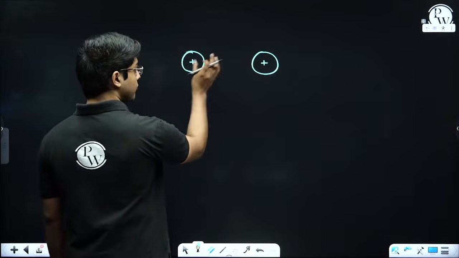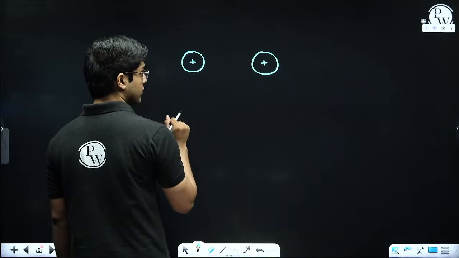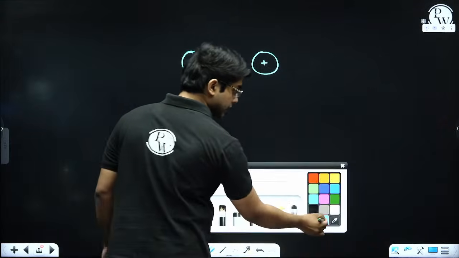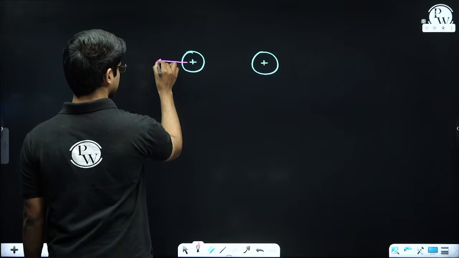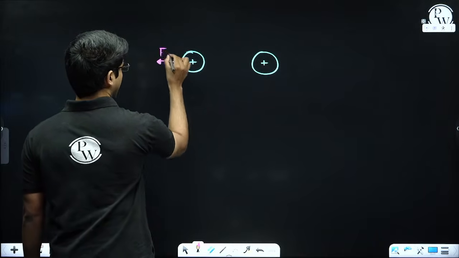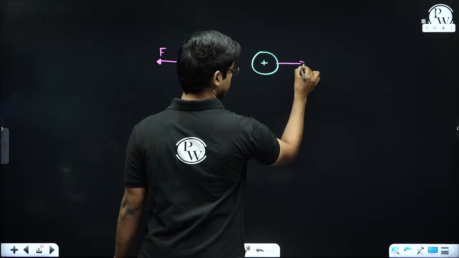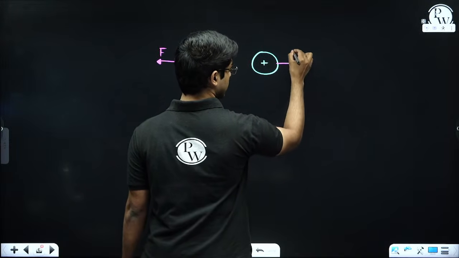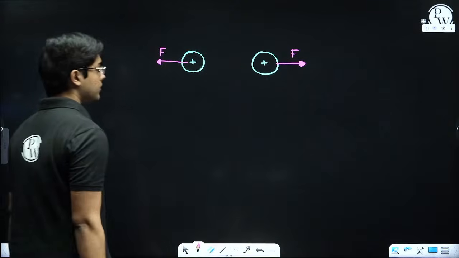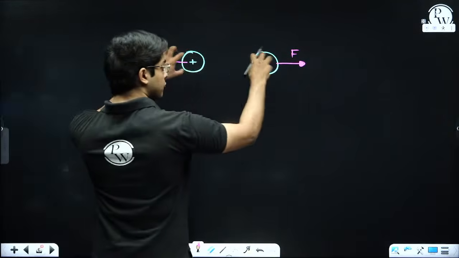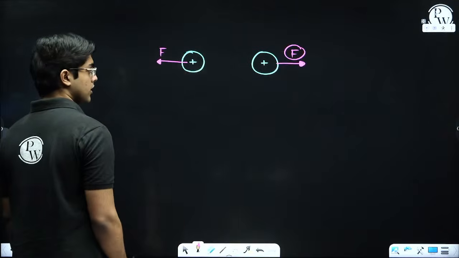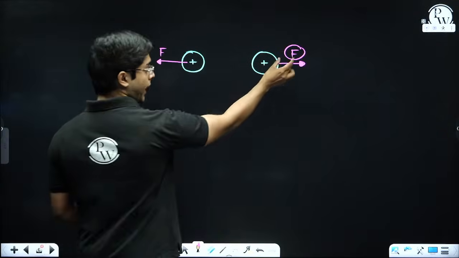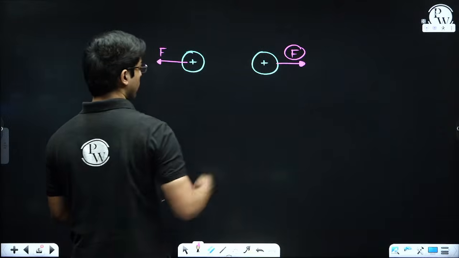If we have two objects which are positively charged, they will interact by means of electrostatic forces. You must have studied this: if we have two like charges, they will repel each other, and this repulsive force is electrostatic in nature. We will study the magnitude of this force in Coulomb's law.